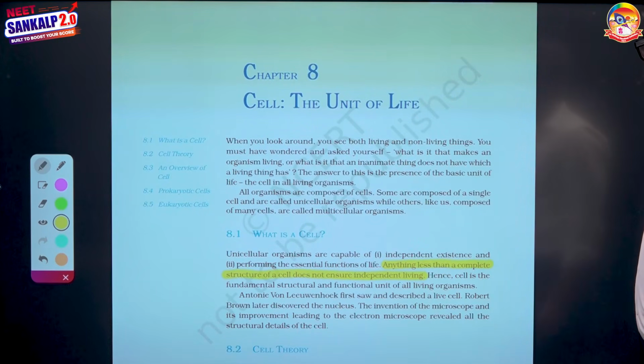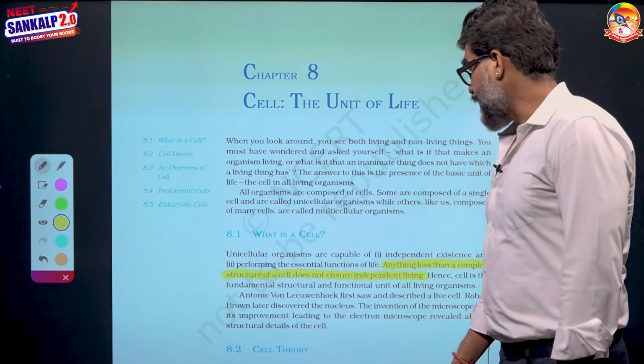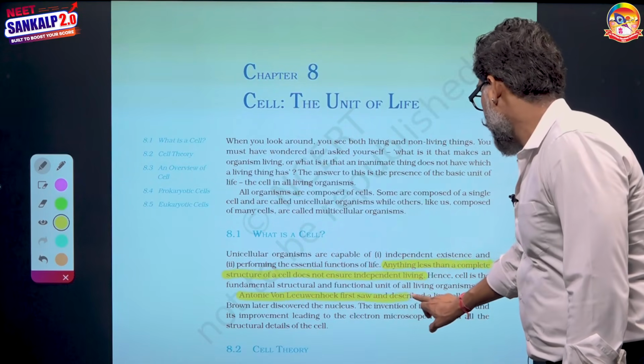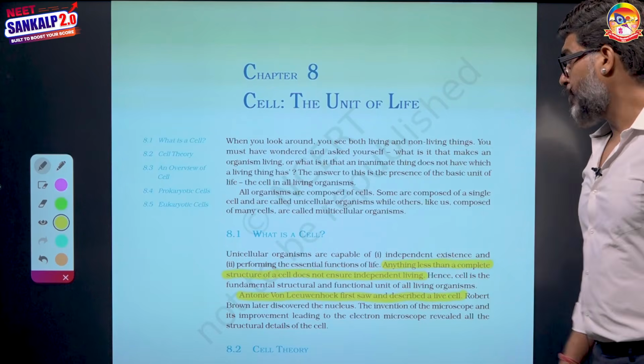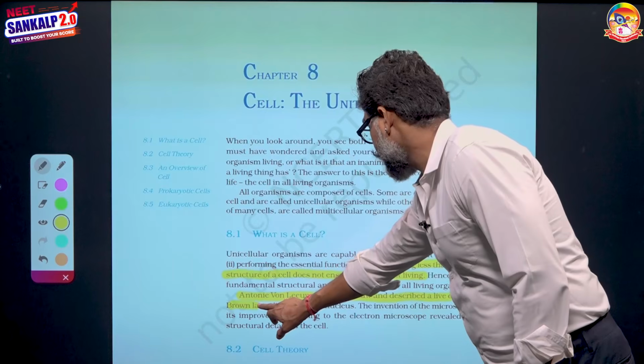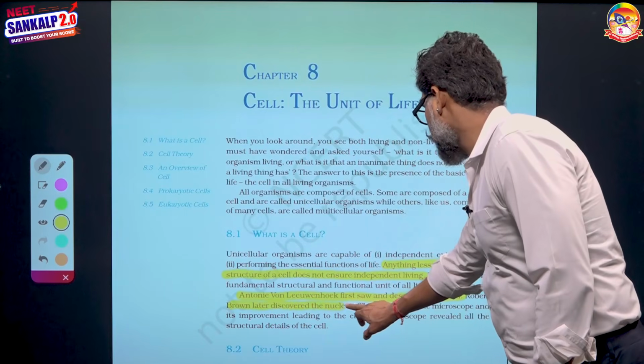Then the first living cell: Antony von Leeuwenhoek first saw and described a living cell. Robert Brown later on, after this investigation, discovered the nucleus.